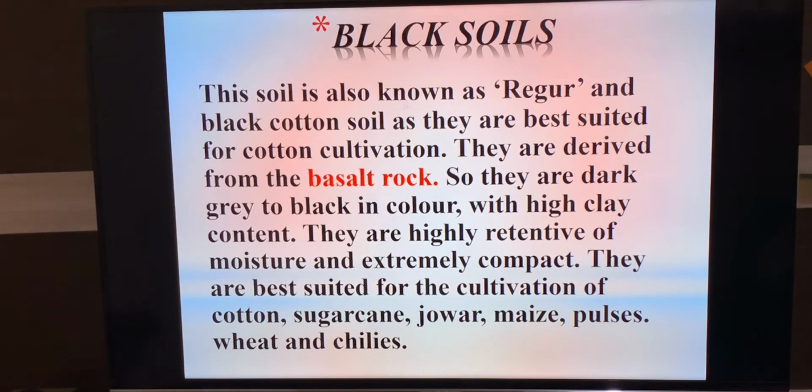So here you have to remember, most important is black soil is also known as Regur. It is also known as black cotton soil. Why is it called black cotton soil?